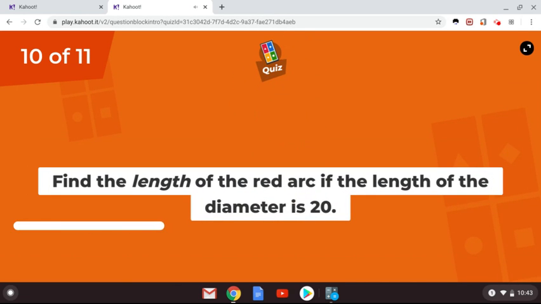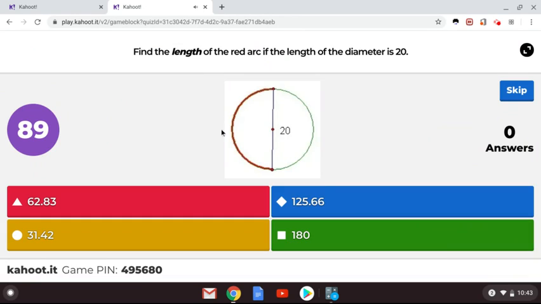Okay, so find the length of the red arc if the length of the diameter is 20. If the length of the diameter is 20, then I know that the radius is 10. And then the angle measure is 180.